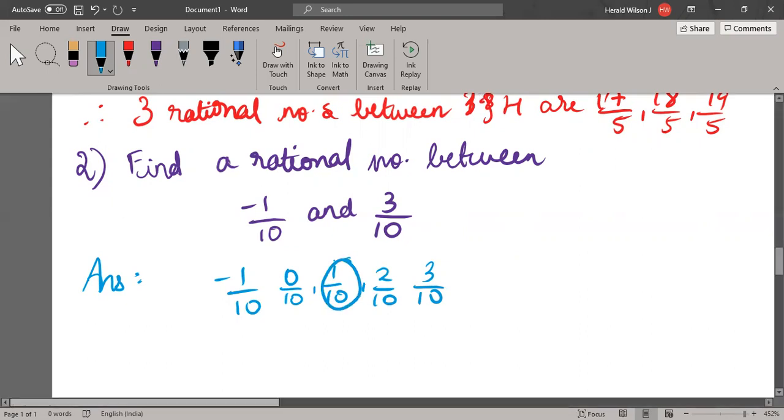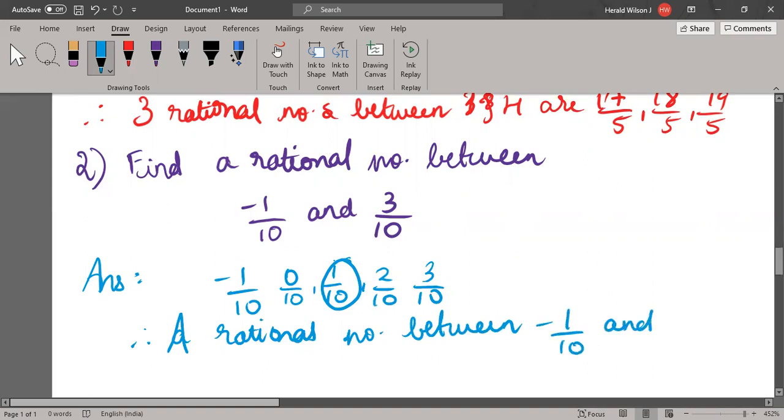I'm going to take 1 by 10. So therefore, a rational number between minus 1 by 10 and 3 by 10 is positive 1 by 10.